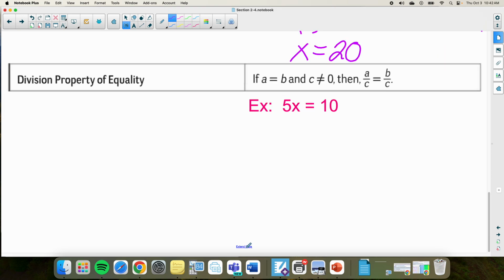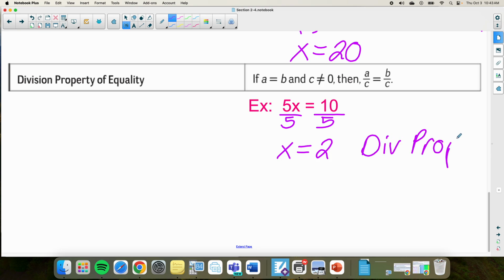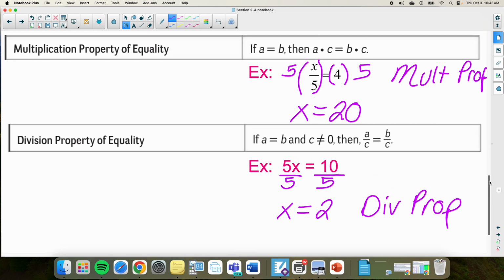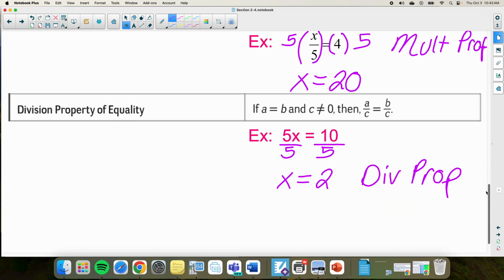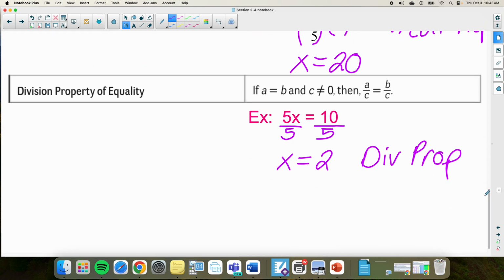Then if I go down here, this one is multiplying. So the opposite of multiplying is dividing. So my answer would be x equals 2. And then it would be division prop. Okay? So I wouldn't abbreviate any more than I do here, but you can abbreviate, okay?